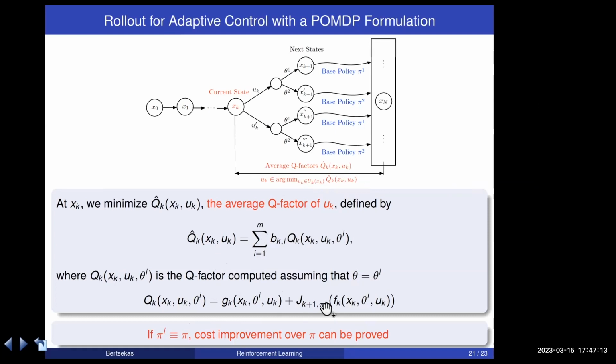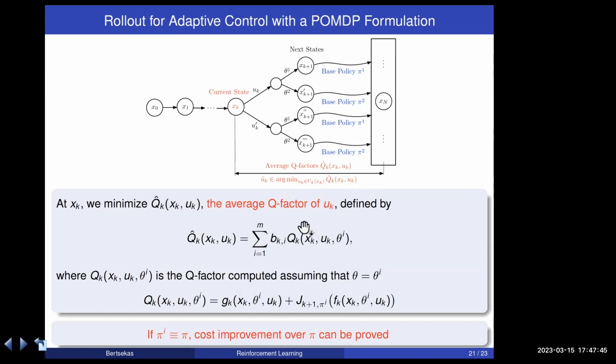Pi i is the base policy. So we have to calculate this expression by simulation often. And so we calculate for every control an average Q factor of the control, and we apply the control that has minimal average Q factor. So instead of using Q factors, we use average Q factors averaged using the posterior distribution.